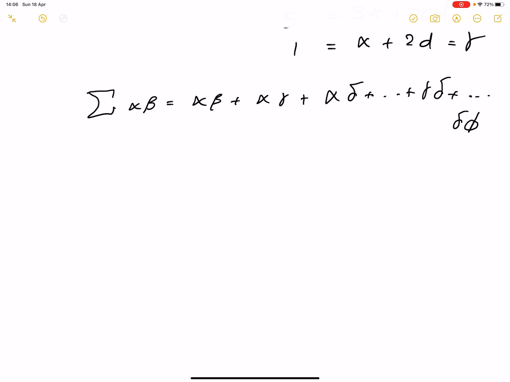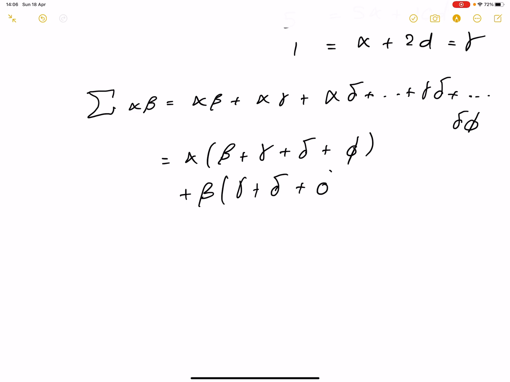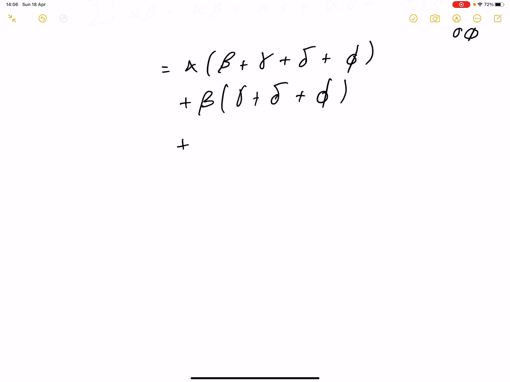And we can factorize this. We can make this alpha times beta plus gamma plus delta plus phi, plus beta times everything but alpha, times gamma plus delta plus phi, plus gamma times everything but alpha and beta, delta plus phi, plus delta times phi.